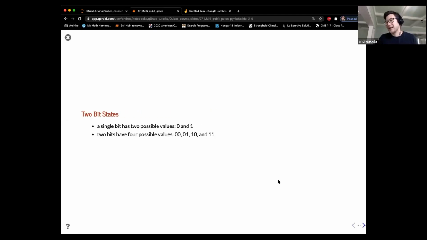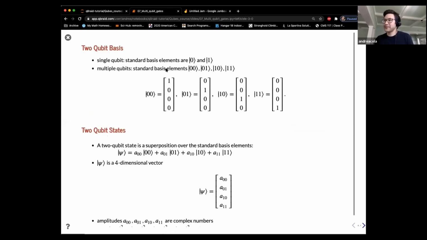In the case of classical bits, remember that a single bit had 2 possible values, obviously 0 and 1. For 2 bits, there are 4 possible strings of 2 bits. That's 00, 01, 10, and 11. To make the analogy with the quantum case, in the single qubit case, the standard basis elements were ket 0 and ket 1, right?